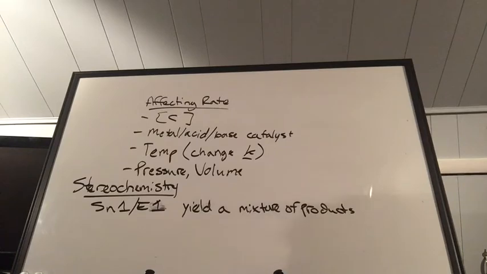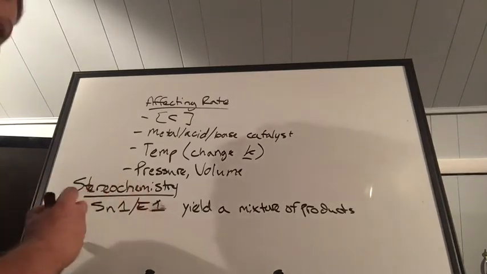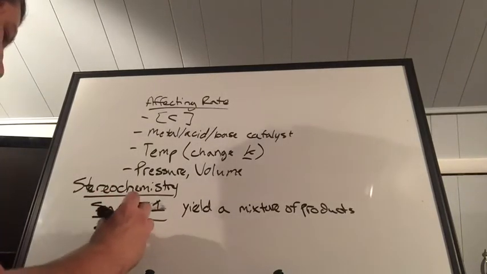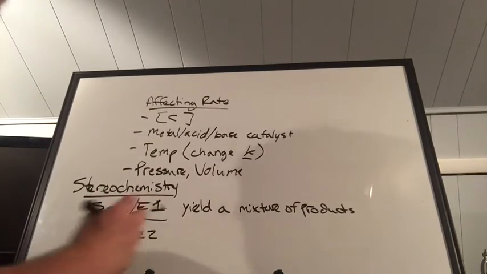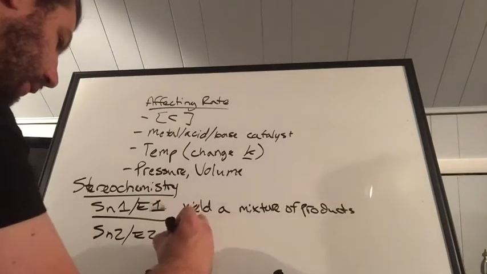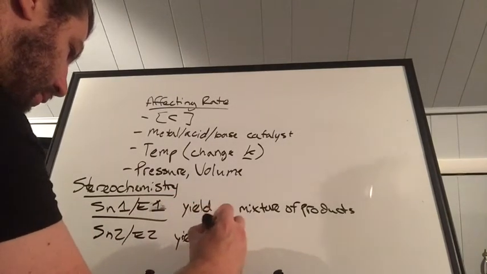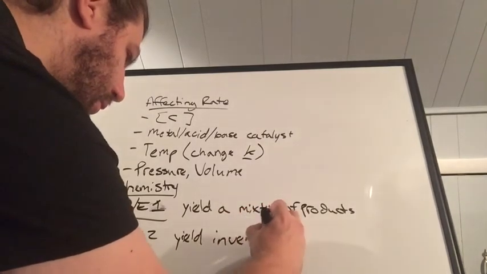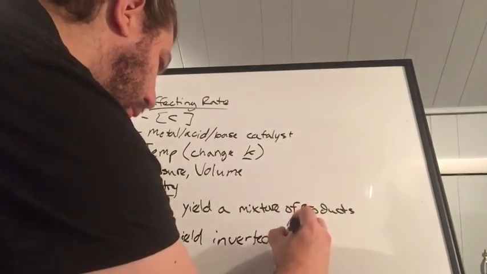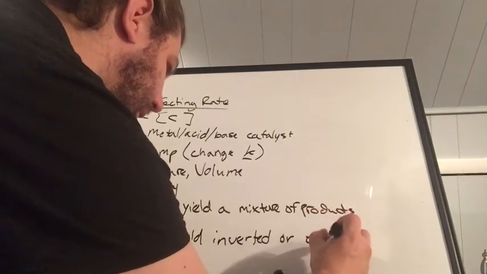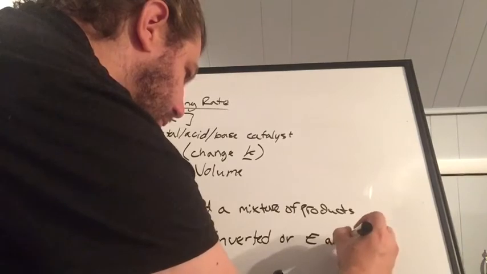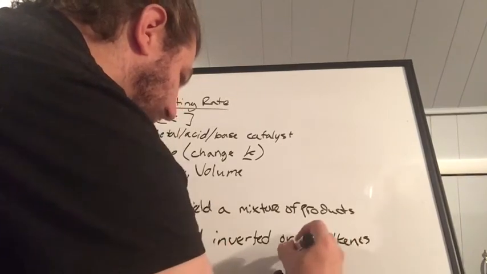right? Okay, so then with bimolecular mechanisms, so SN2 or E2 mechanisms yield inverted products or E alkenes, respectively.